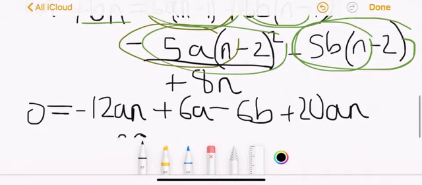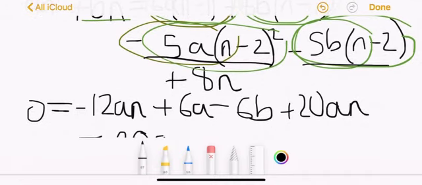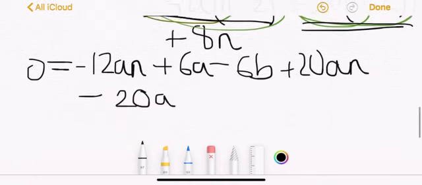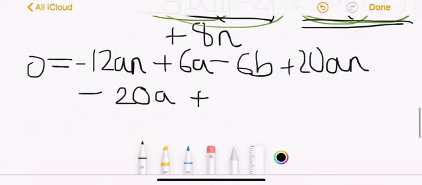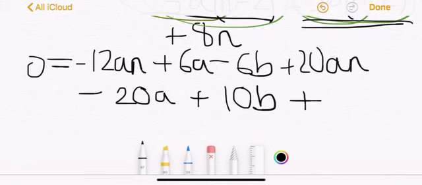And from here, all we're interested in is the constant term, because we've already cancelled the minus 5bn, so we get plus 10b. And then we also have at the end the add 8n.